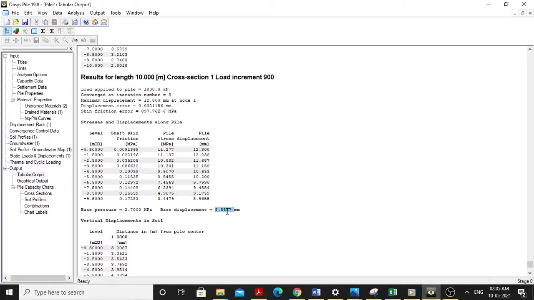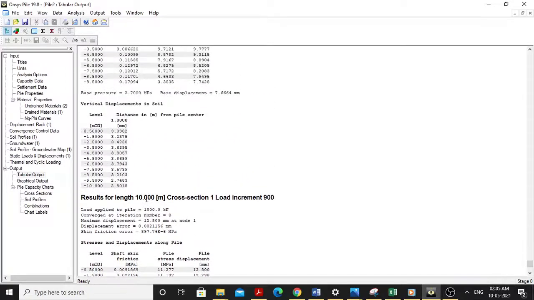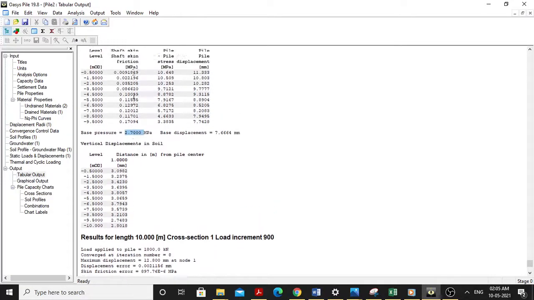And here is the base displacement. The load settlement curve is made from here with different loads, and the different displacements are plotted in the graph. Where the graph becomes constant or shows an abnormal value, that's the failure point, because the stress does not increase. See here 2.7 MPa: to a certain extent the displacement increases but the stress remains constant.